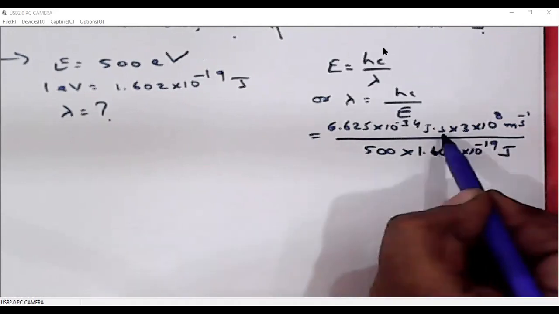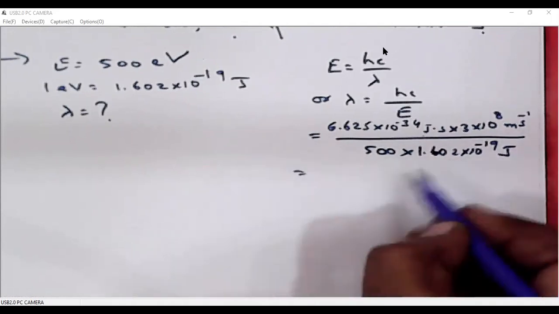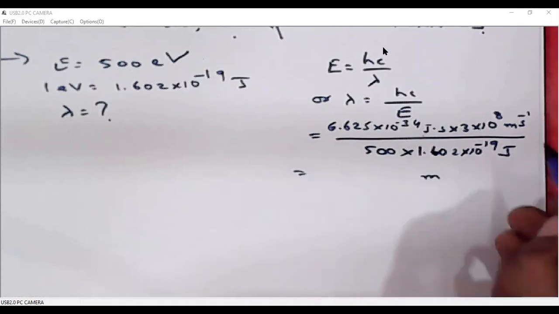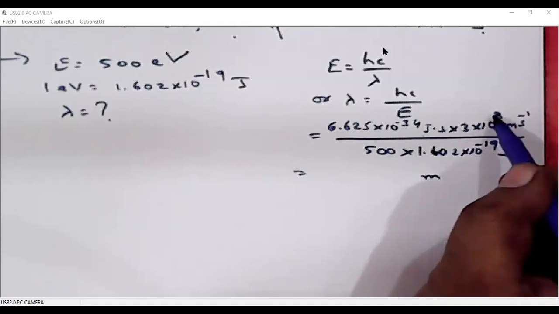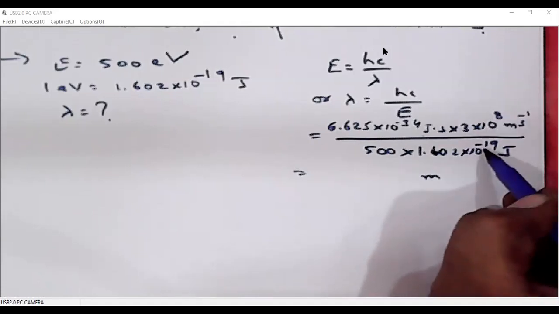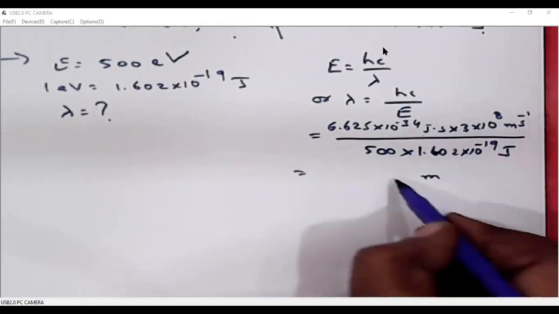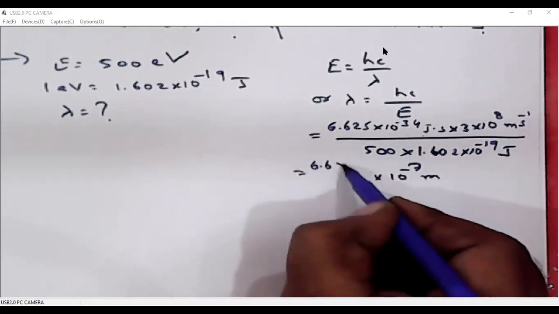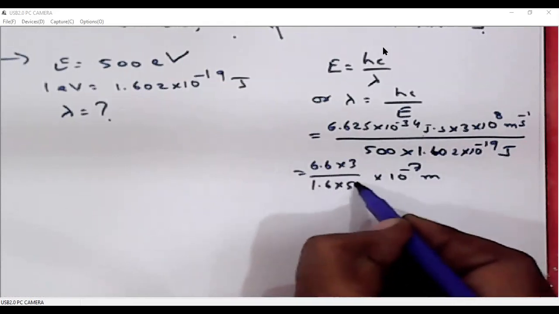So here also seconds, joules and joules will get cancelled. So what we will get is meters. Then 10 power minus 19, if it is made numerator, it becomes plus 19. 8 plus 19 is 27, 27 minus 34 becomes 10 power minus 7. As I said, we can take 6.63 by 1.6 into 500.